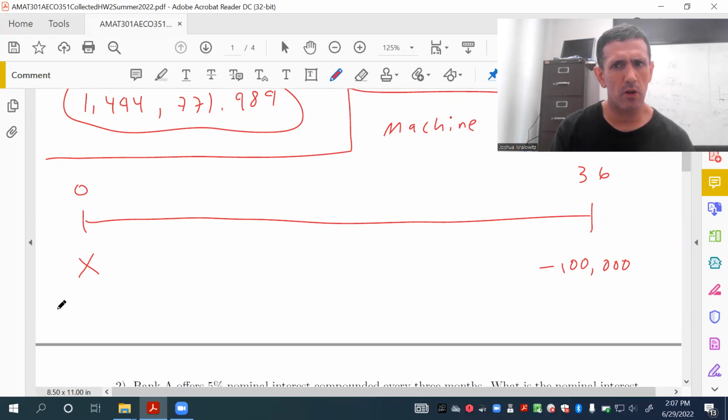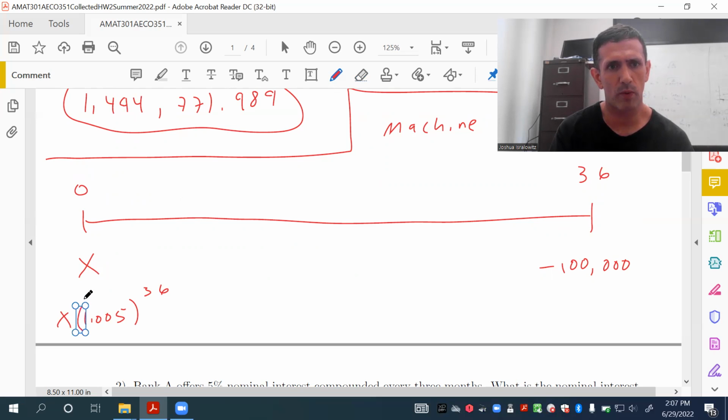So the machine costs time valued at the end of 36 months is X times 1.005 to the 36. In that way of thinking I mentioned, it accrues 36 months of interest in some sense.